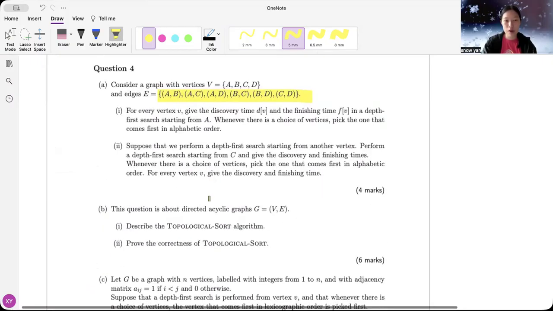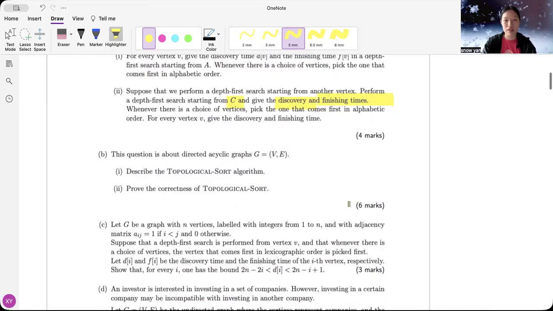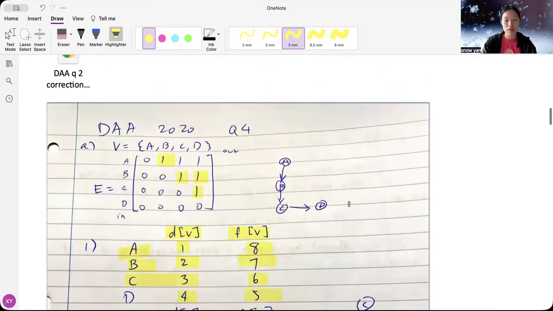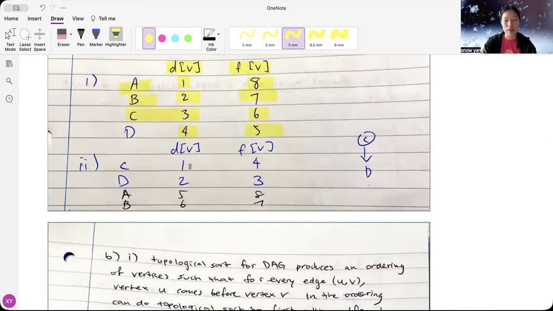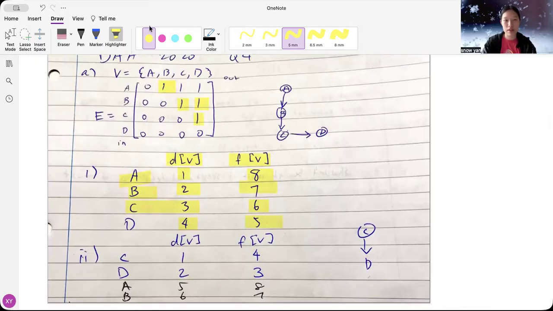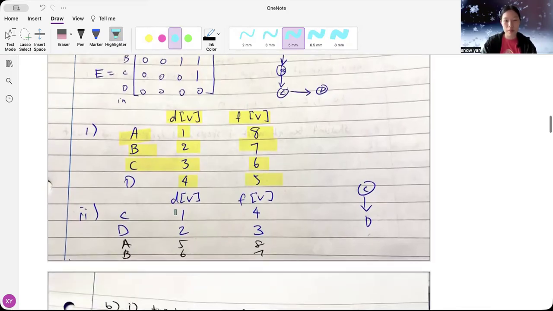And then in the second part, we have, suppose that we perform a DFS starting from another vertex. Perform a depth first search starting from C and give the discovery and finishing times. Whenever there's a choice, also do alphabetical. Okay, so for this part, if we start at C, we realize we erased this part, so I'll do it with color blue.